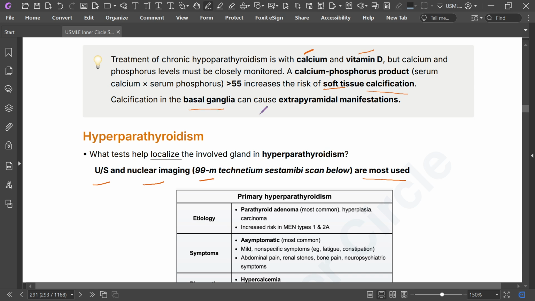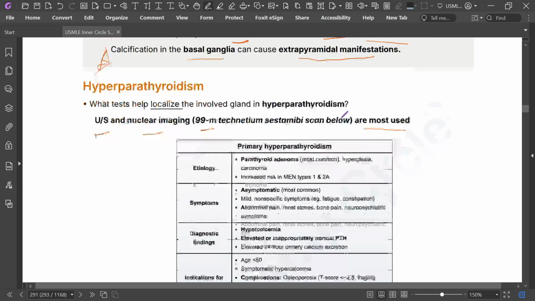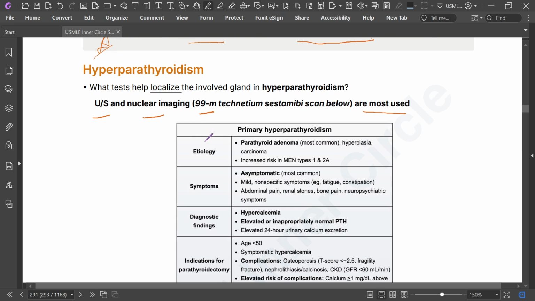Calcification in the basal ganglia can cause extrapyramidal manifestations.